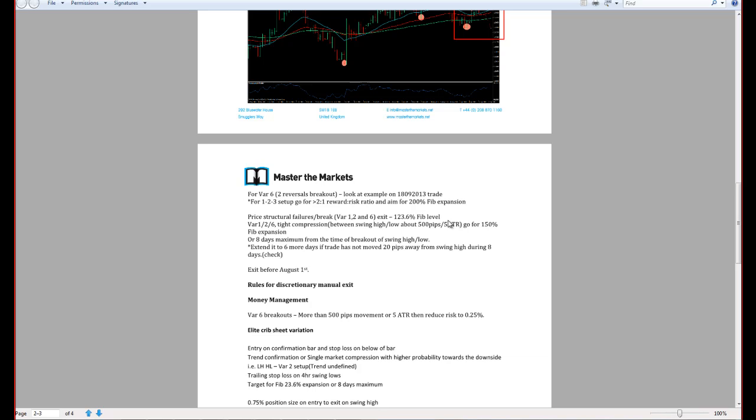Yes. Actually, variation 1 is also trend confirming, isn't it? Yeah, that's fine. Just do it that way, 1, 2 and 6. Okay, so we got that.